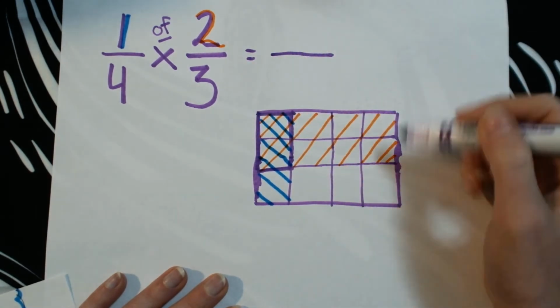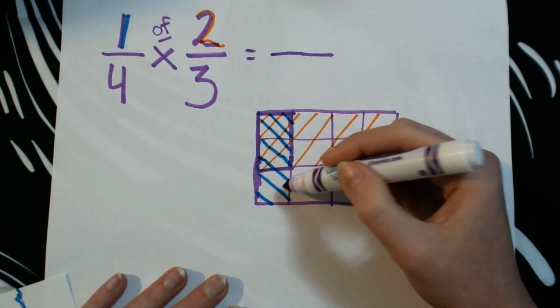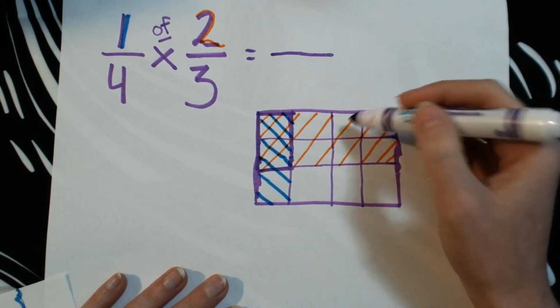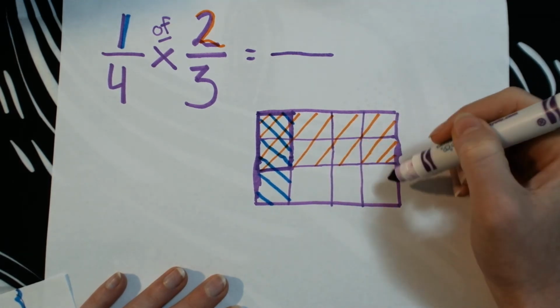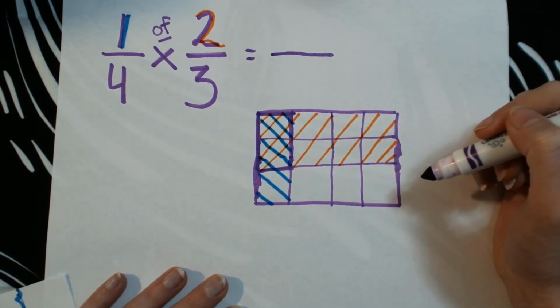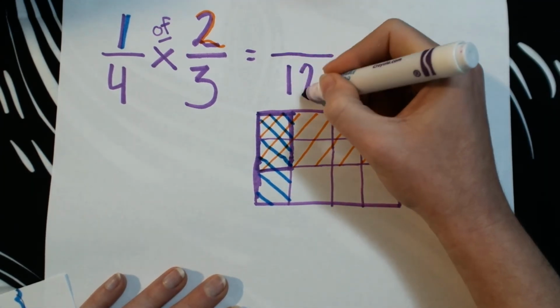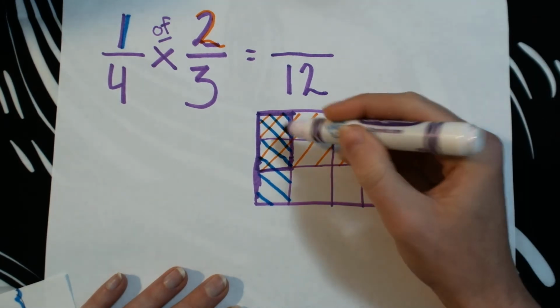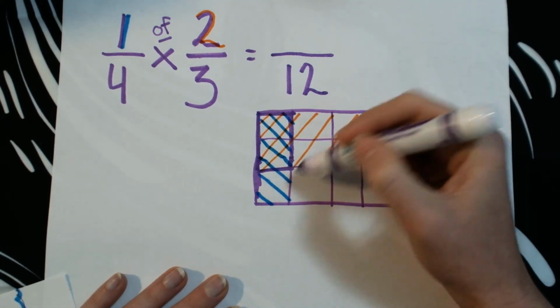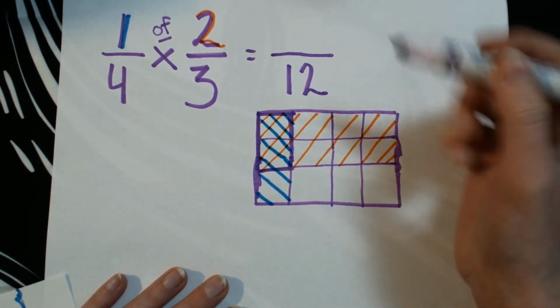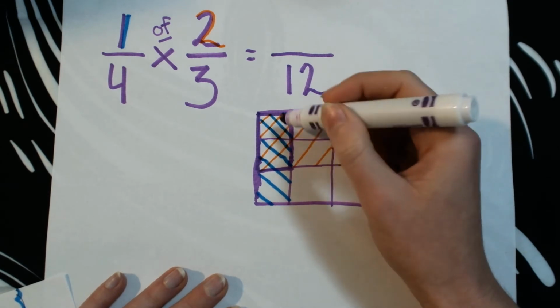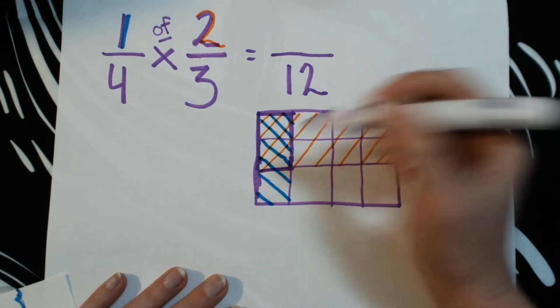Let's count the equal parts in our whole. 1, 2, 3, 4, 5, 6, 7, 8, 9, 10, 11, 12 equal parts in our whole. So that is our denominator. Now, what's our numerator? Remember, the numerator is the number of parts that we're talking about. I have 1, 2 twelfths shaded in.